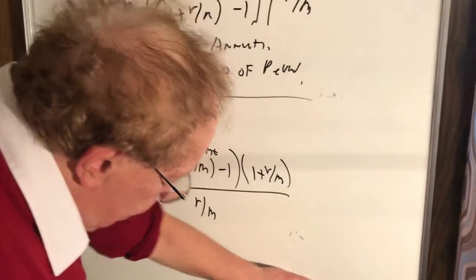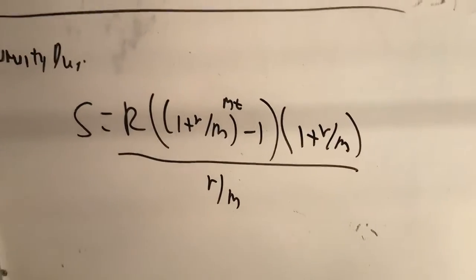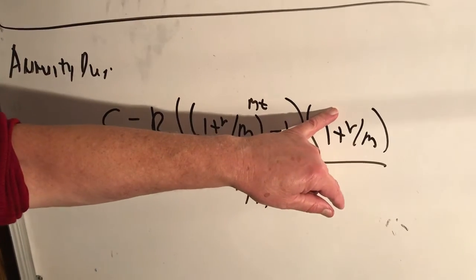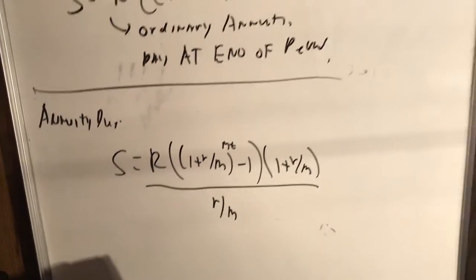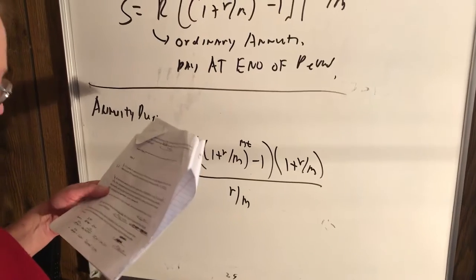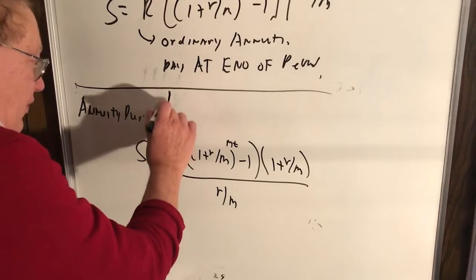It's not. Write this down. And in the future I'm going to give you another reference table which is easier to read. The appendage, 1 plus R over M, the extra period, is in the numerator. So in this case, we want to find future value. So you want to find S.